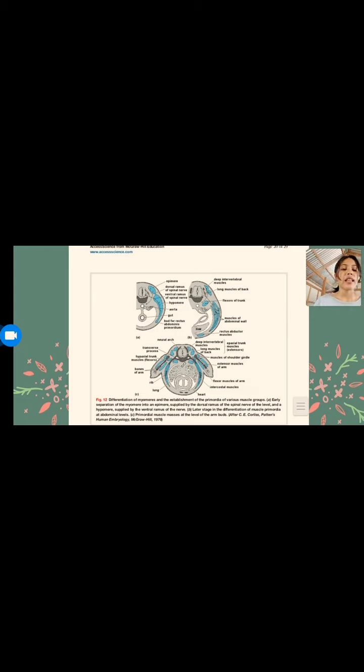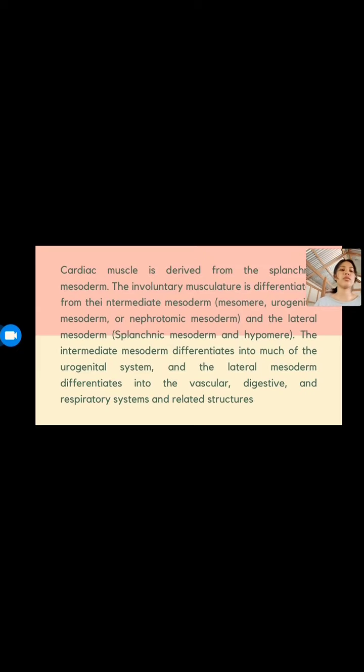In letter B, we can see a later stage in the differentiation of muscle primordia at abdominal levels. In letter C, the primordial muscle masses at the level of the arm buds. Let's move on to the cardiac muscle.